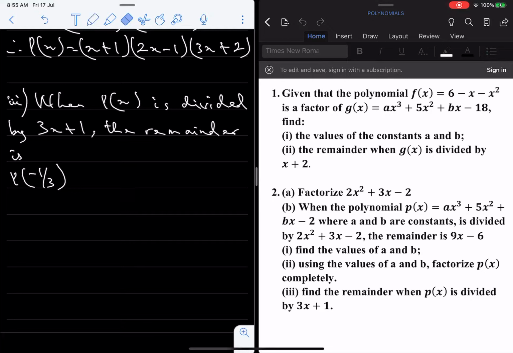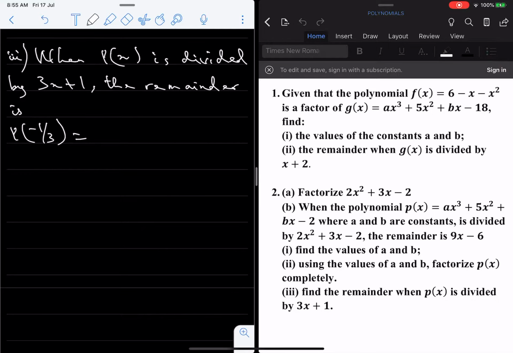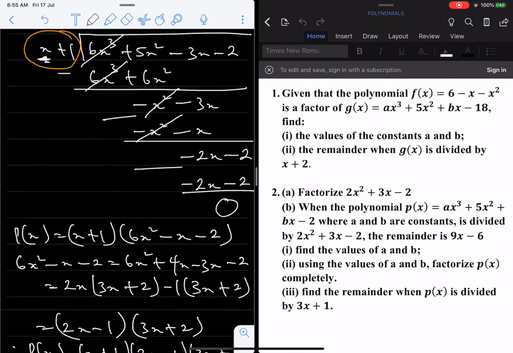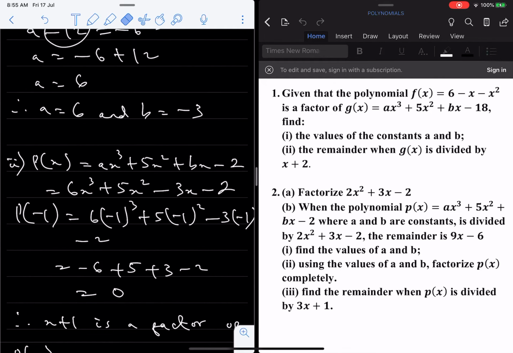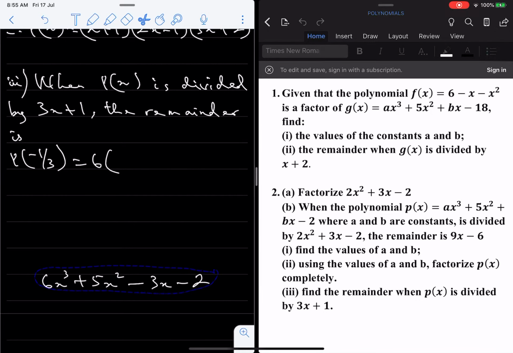And I'm using the remainder theorem to obtain the remainder. You could use the long division method. Of course I know what P of x is. Let me copy that so we can see. This is P of x, and put it here.